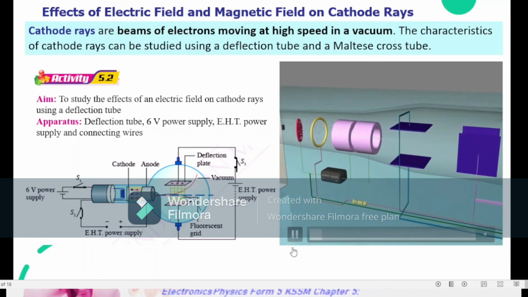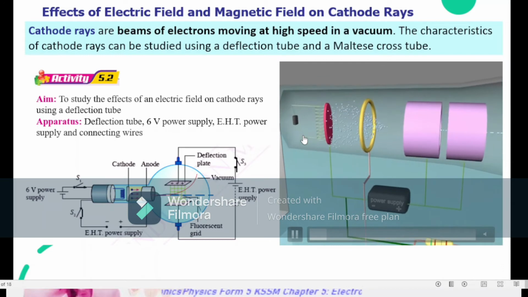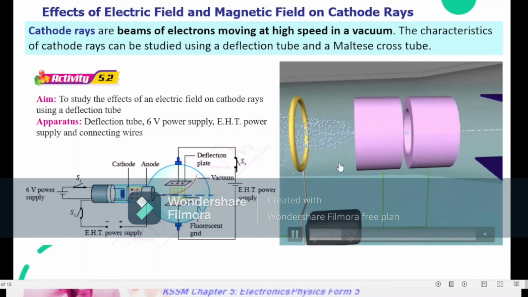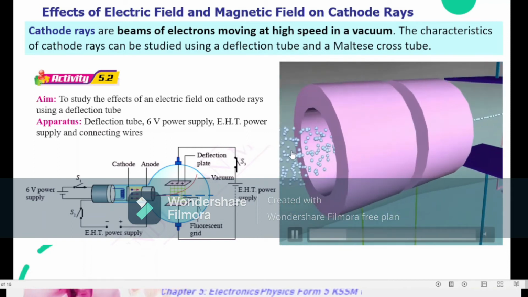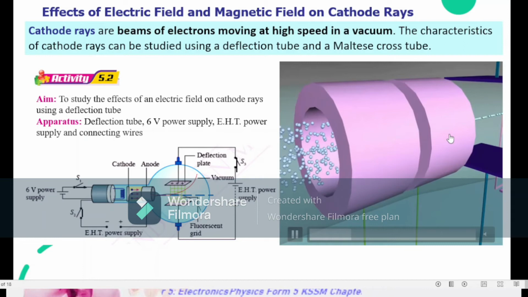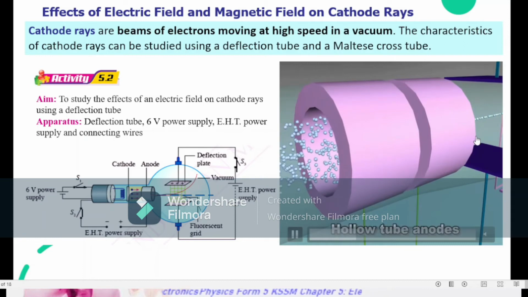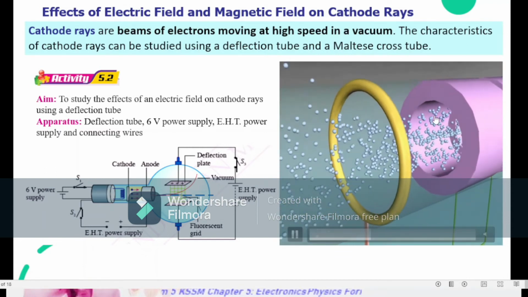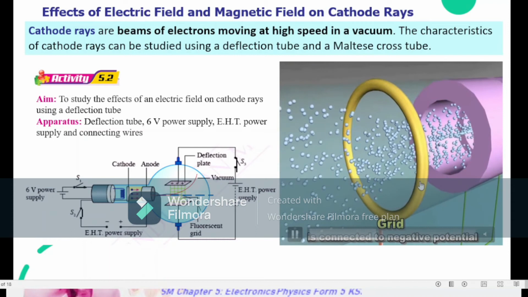Okay, you can observe here, through thermionic emission, electrons will be produced by the cathode. The EHT power supply is on. Electrons will be accelerated and focused by the anode to form cathode rays. There's a part we call the grid.